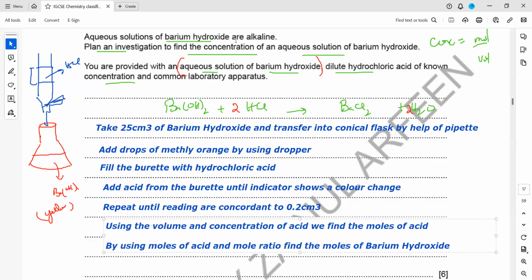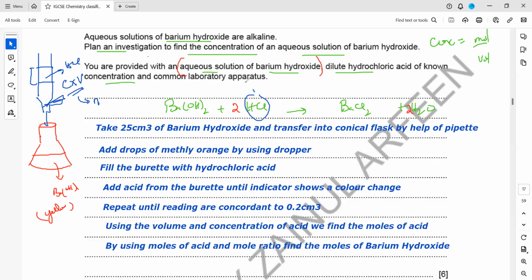Actually, what we want is the concentration of barium hydroxide. So how can we determine it? We have the known concentration of hydrochloric acid and we multiply by the volume which we used for the titration. We'll get the moles of HCl. From the moles of HCl, we'll determine the moles of barium hydroxide.